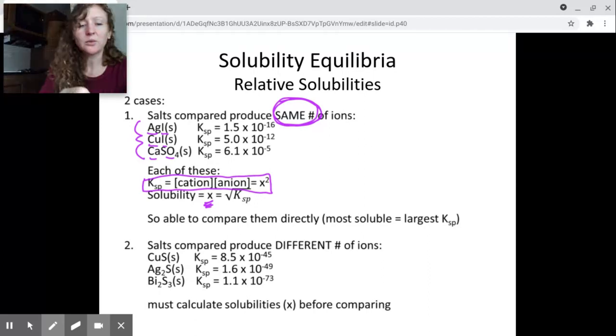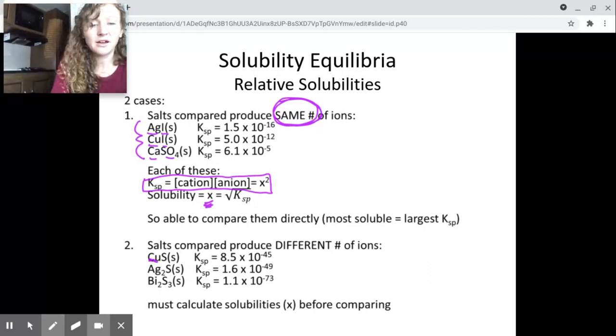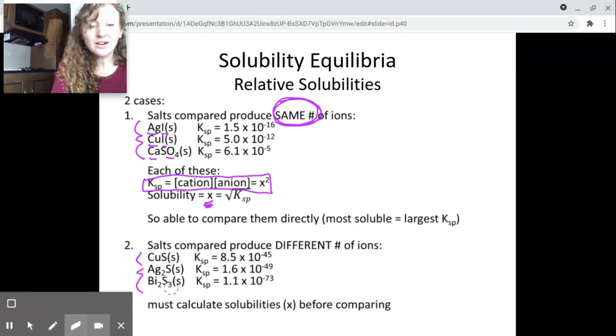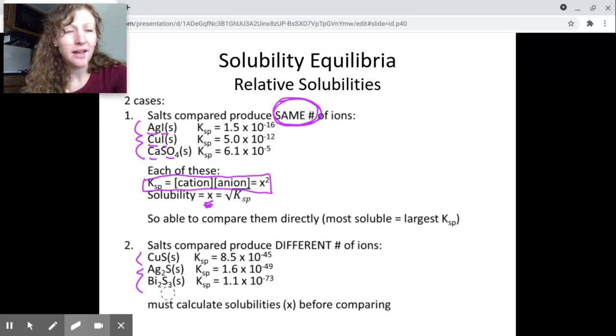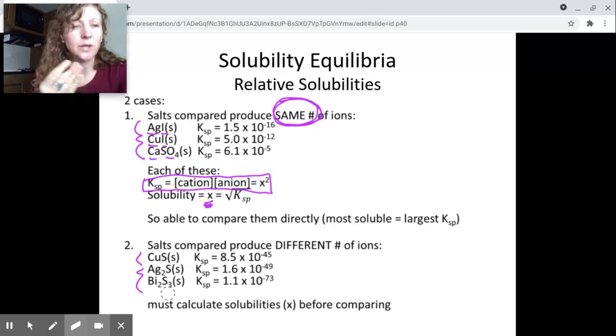But if we compare salts that have different numbers of ions, like these 3 salts below, then solubility is not communicated in a straightforward way from the K. Solubility is the X. KSP is the product of all the X's.